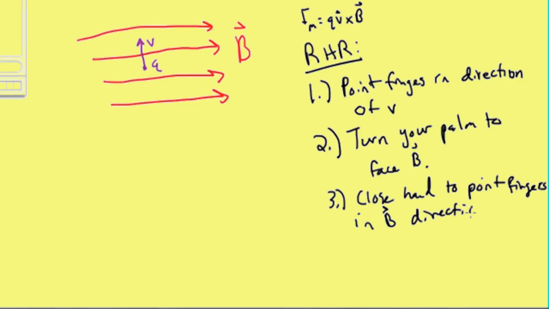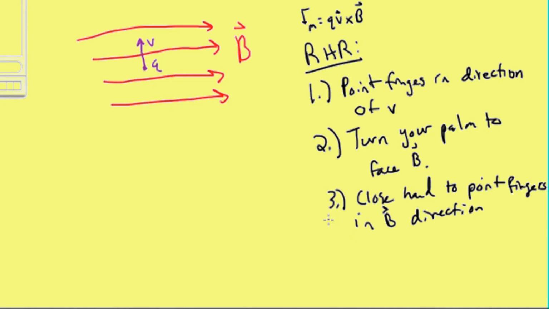So we're going to close our hand now. So we have our palm facing the B field. We're going to close our hand so that our fingers point the B field. So at this point we should have our palm facing towards the right, the back of our hand facing towards the left of the screen, and we're able to point our fingers in the direction of the B field.